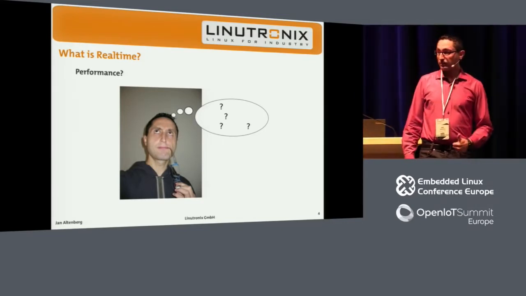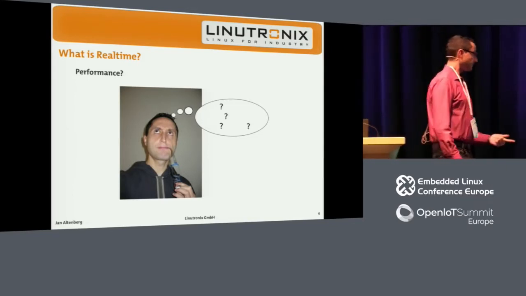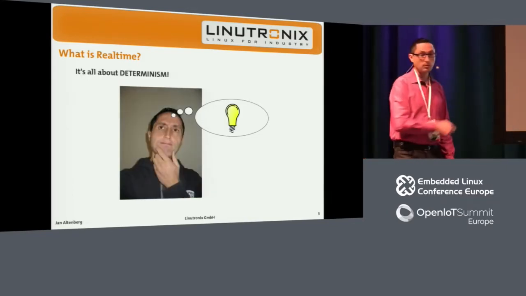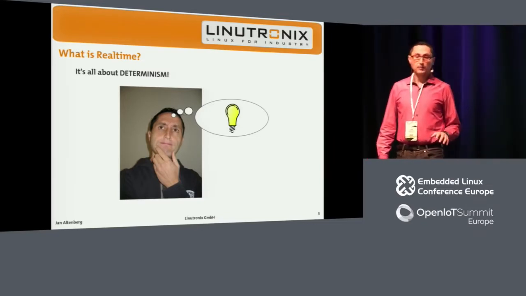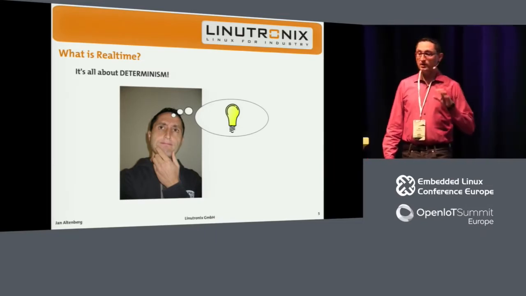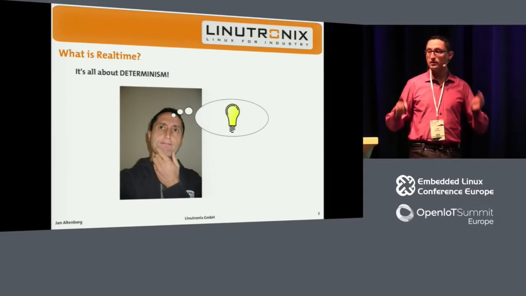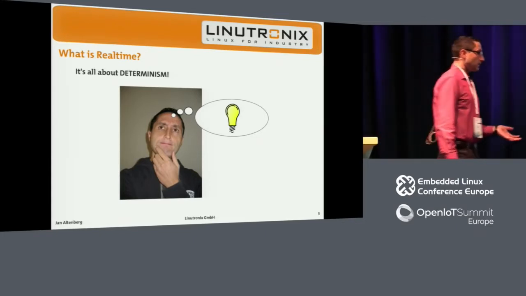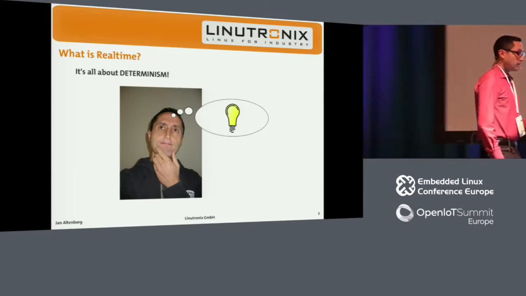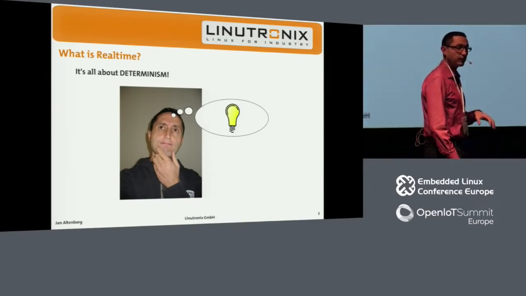So it's not about fast responsiveness, it's not about performance. Basically, it's all about determinism. When we talk about real time, we talk about timing guarantees. You need to execute something in a specific time frame, and you need a guarantee for that. So the definition would not be as fast as possible, it would be as fast as specified.